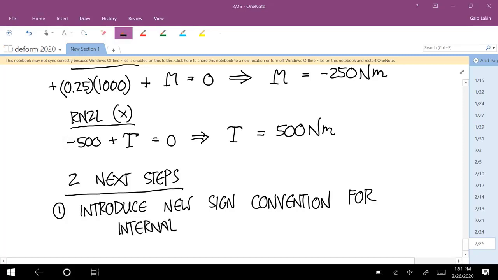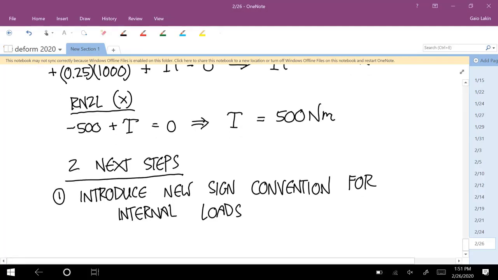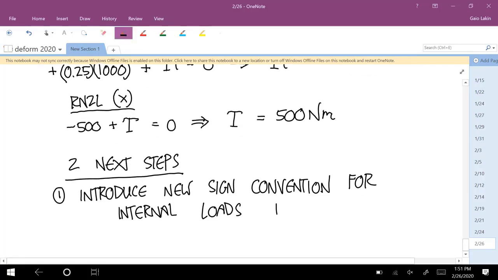And what this sign convention is going to do is make it so that no matter which part of the beam we isolate, we get the same answers for what's happening at a certain point. That's preferable. So that's to deal with getting different answers in the different directions.